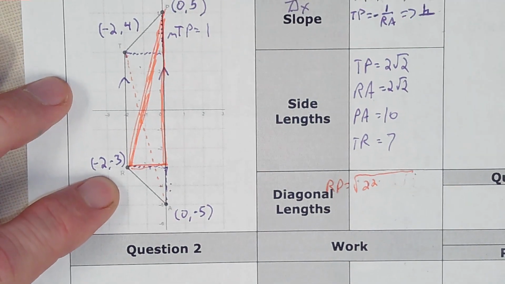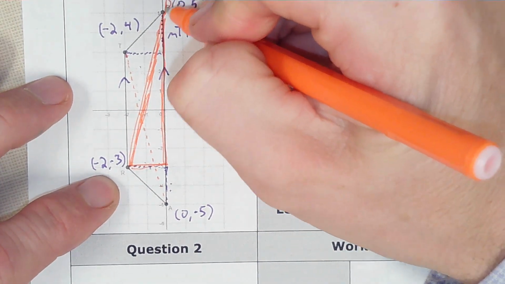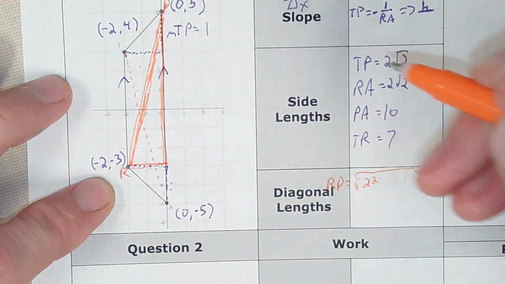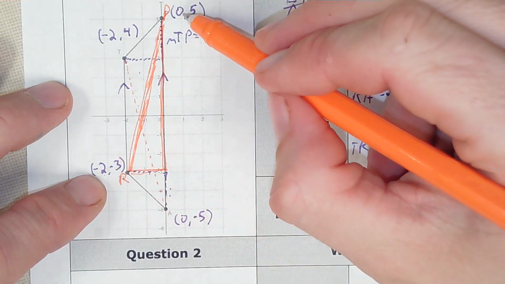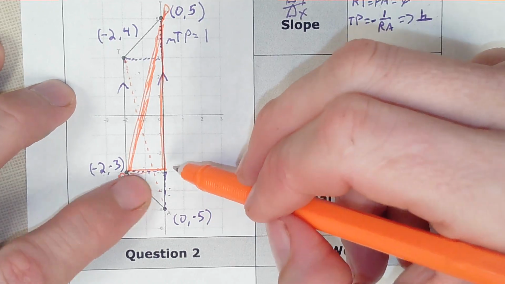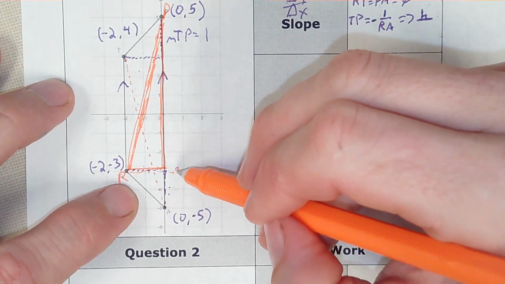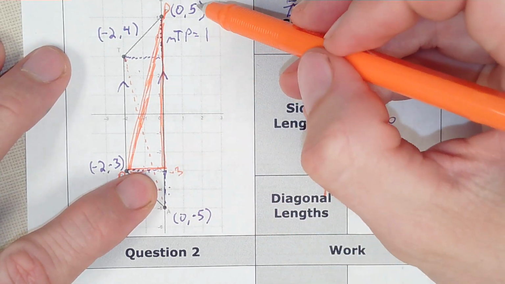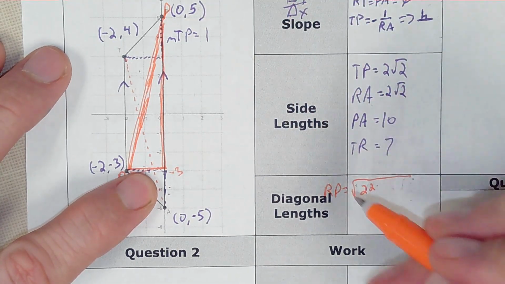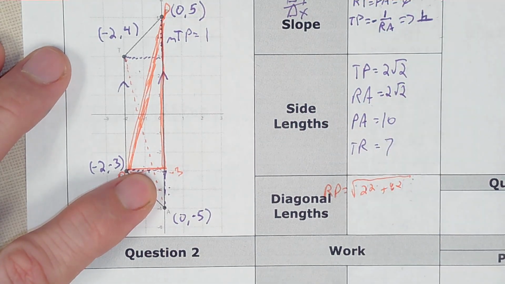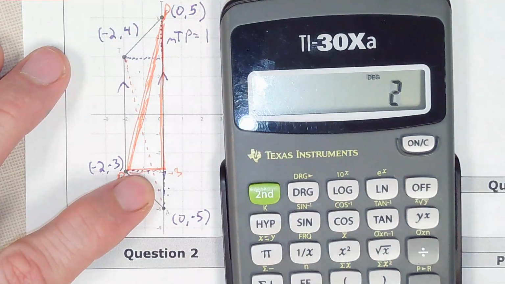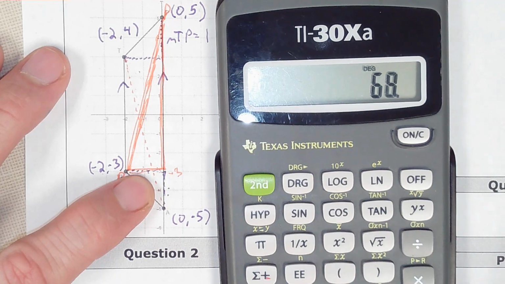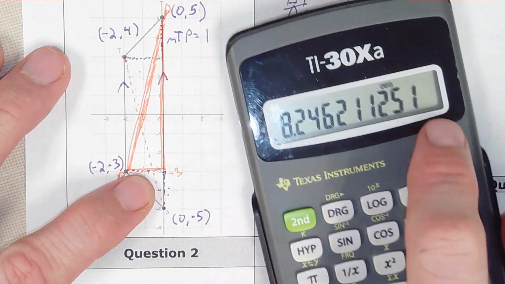Change in x for my diagonal, RP, is 2, right? Because it goes from 2 to negative 2. My change in y is negative 3 to 5, which is 8, so plus 8 squared. Okay, so 2 squared plus 8 squared equals the square root of 68.